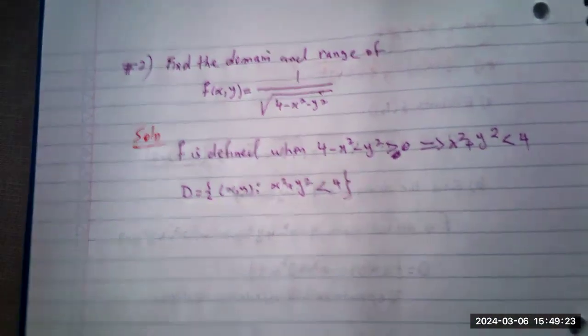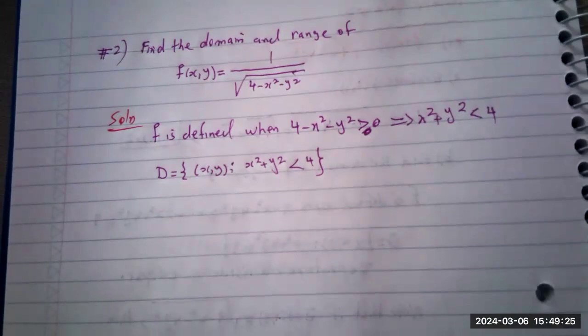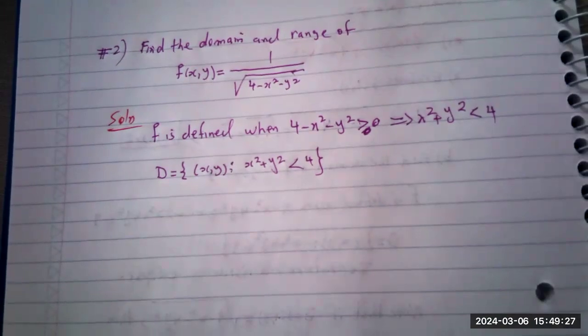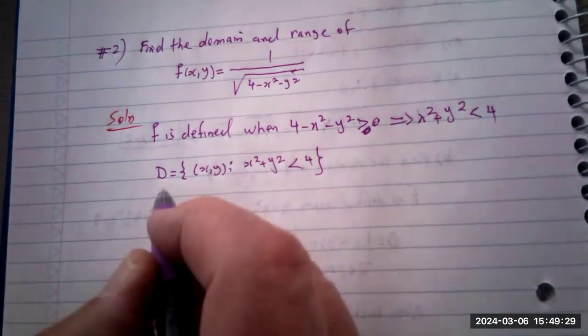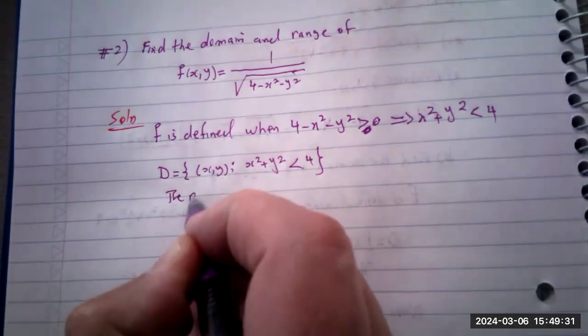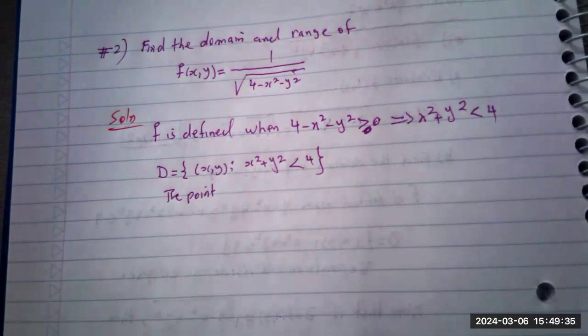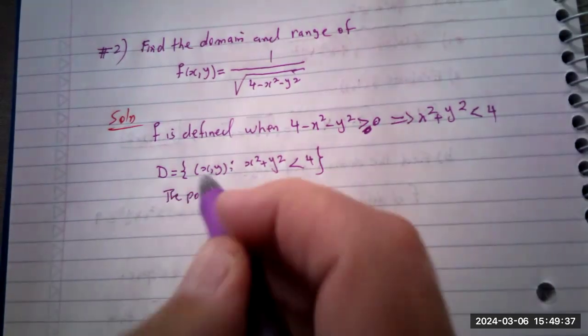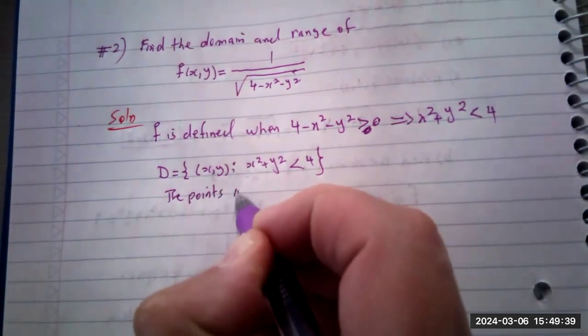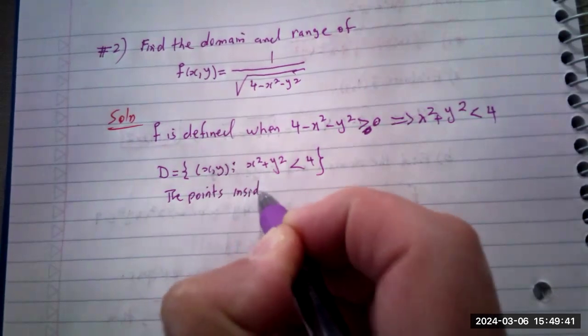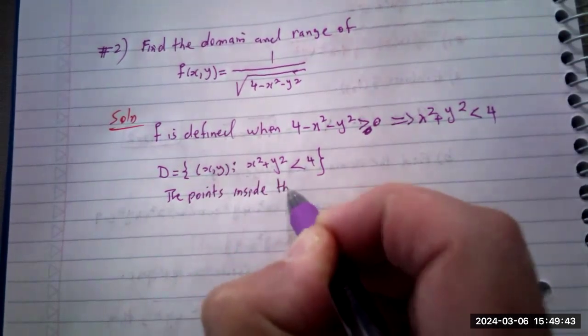That's the domain. Again, you describe it as a collection, as a set. It's going to be the points inside the circle.